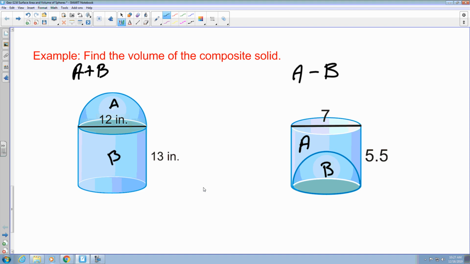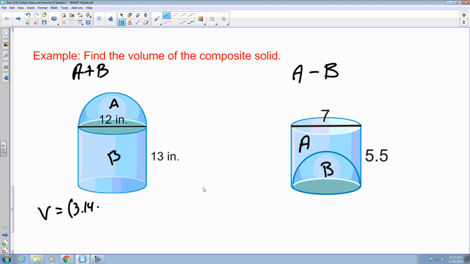So looking at the situation on the left, if we look at the cylinder, using the formula for the volume of a cylinder, it's going to be the area of the circle, which is pi, so we'll say 3.14, times r squared.